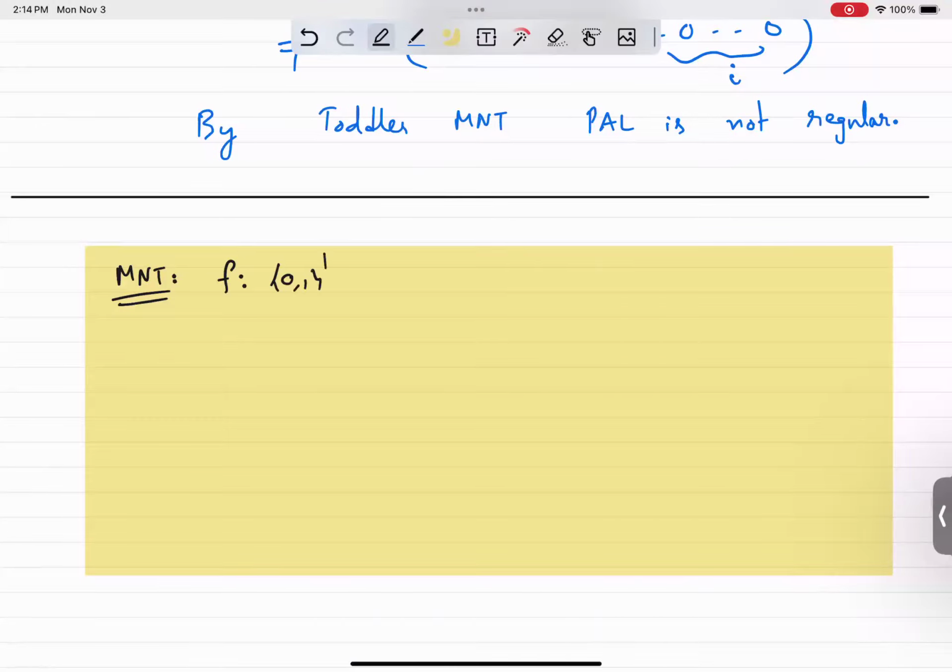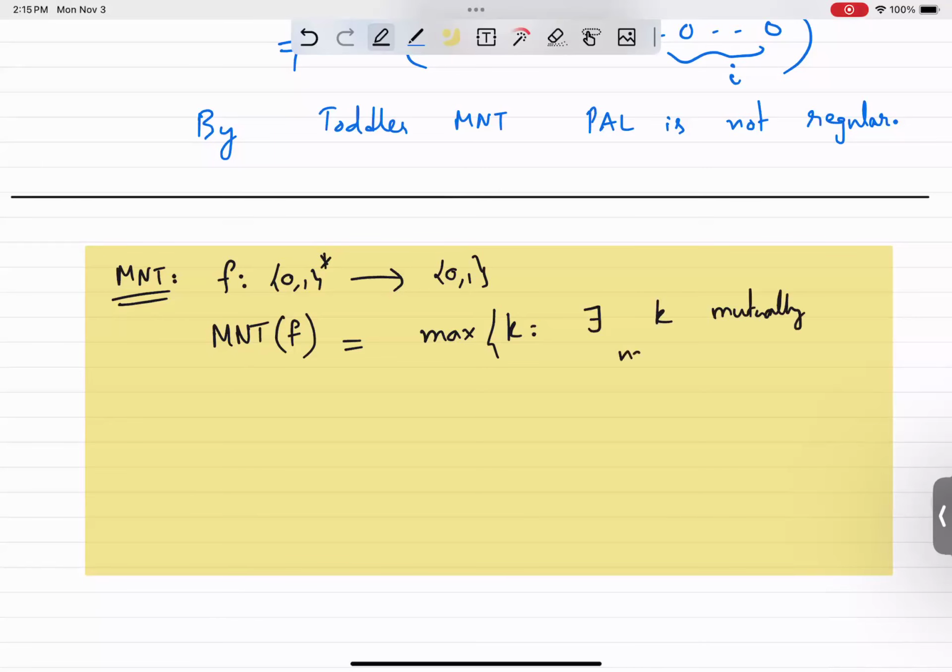So let's have this definition. For any function, I'm going to define the MNT complexity. I'm just going to write it as MNT of f. It's a number, which is the max k such that there exist k mutually non-equivalent strings.